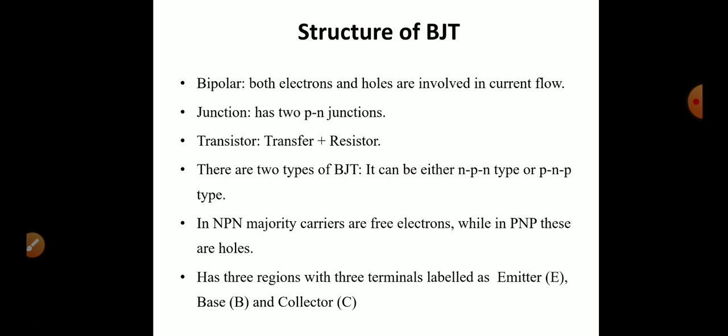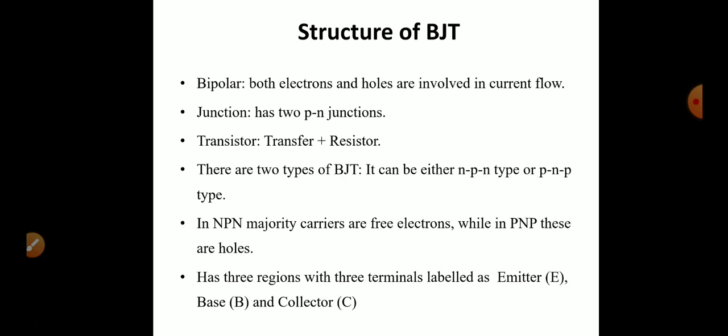The structure of the BJT is going to be explained here. BJT means bipolar junction transistor. Bipolar means both electrons and holes are involved in the current flow. The current flow in a transistor is due to both electrons and holes, hence it is called bipolar.